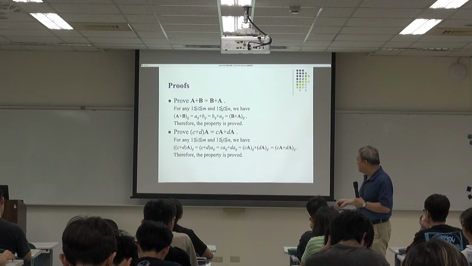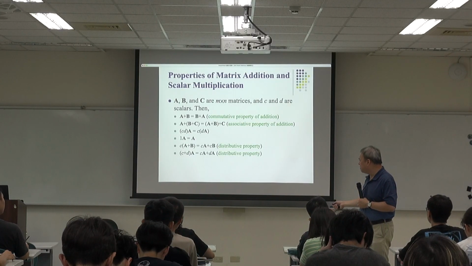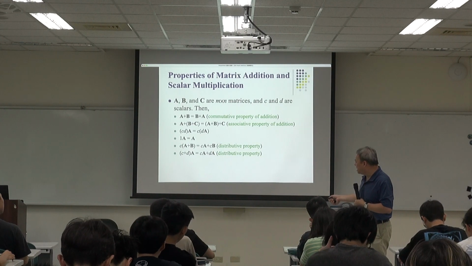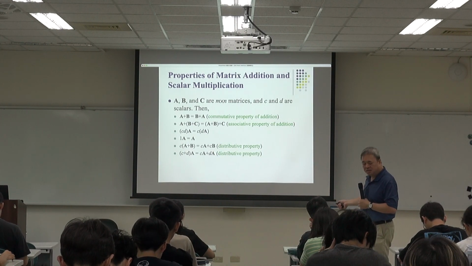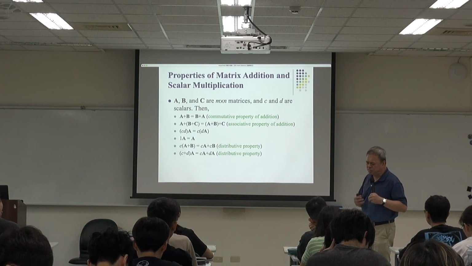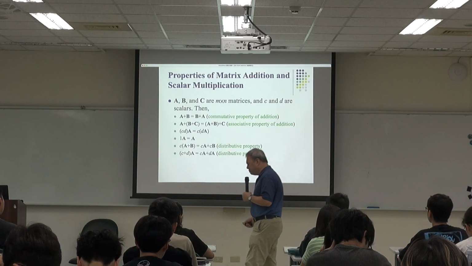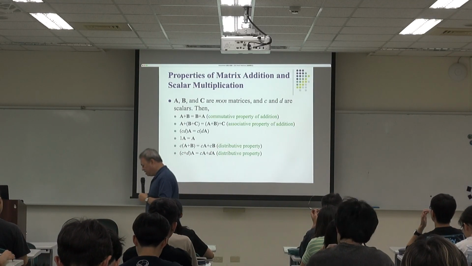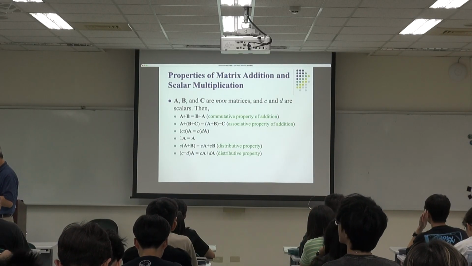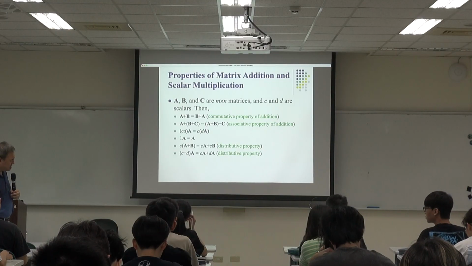You can try to prove the other properties here, for example, the distributive property for C times (A plus B). Give it a shot, just to get yourself familiarized with proofs. I know in discrete math, you learn how to prove things in that class.